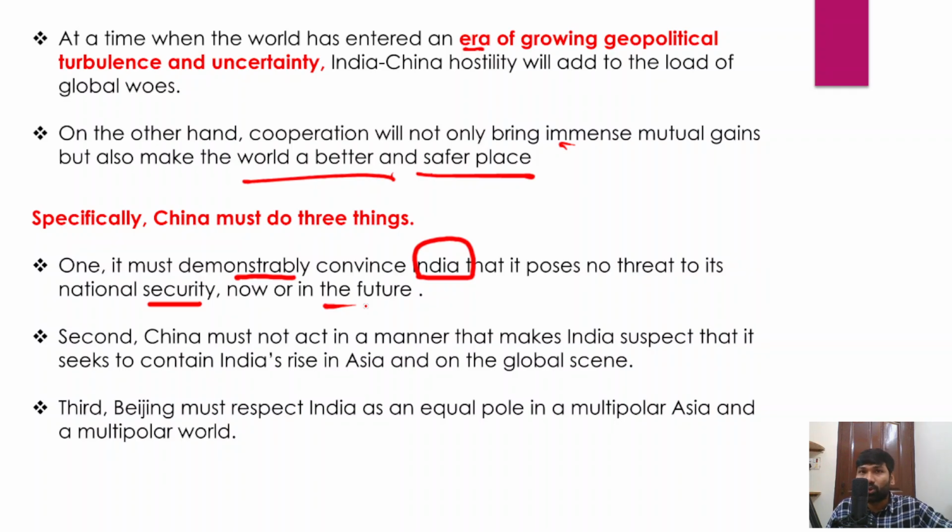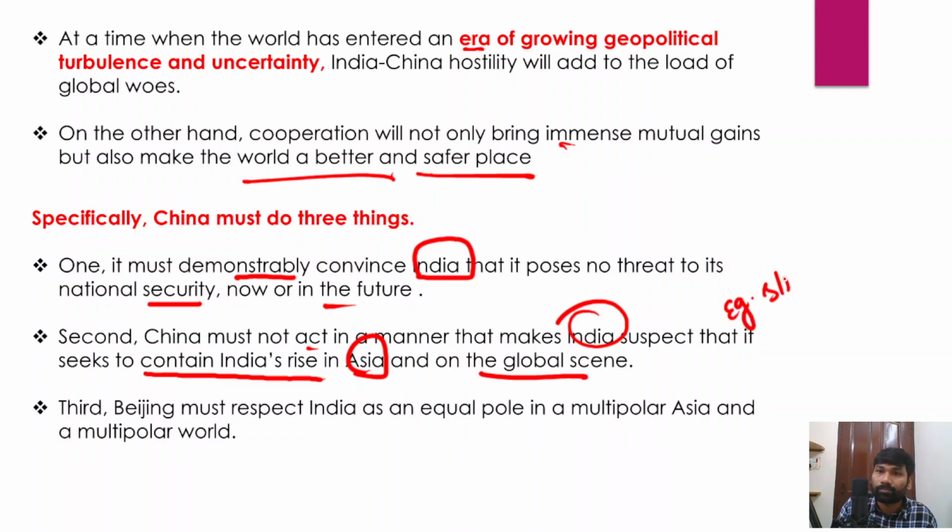The second thing China could do to earn the trust of India is that China must not act in a manner that makes India suspect that it seeks to contain India's rise in Asia and also on the global scene. Now the author has been telling this in the context of China's string of pearls policy.